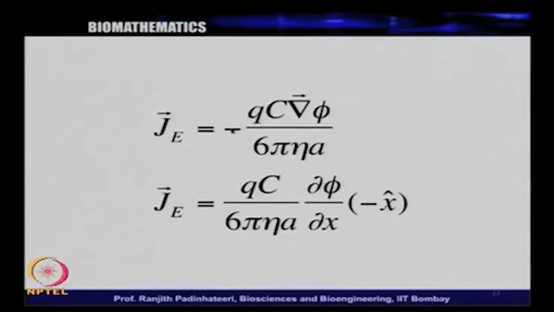There is a minus sign here, which only means that this current is along the minus x direction. That is what we have been telling all the while, that the current is along this particular direction.